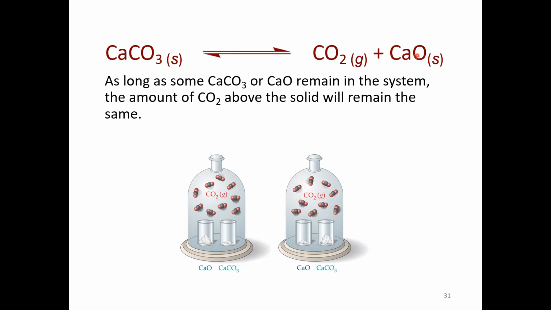And what we're going to see is, as long as there's some of the calcium carbonate or calcium oxide that's solid, as long as some of that remains in the container or wherever this equilibrium is being reached, there's always going to be that same amount of carbon dioxide present.